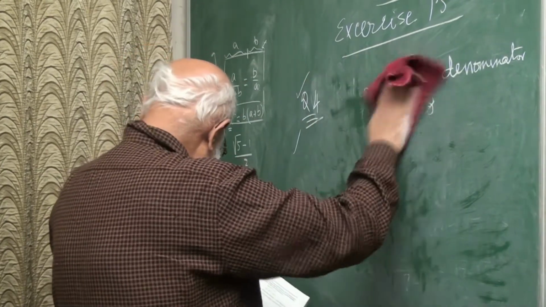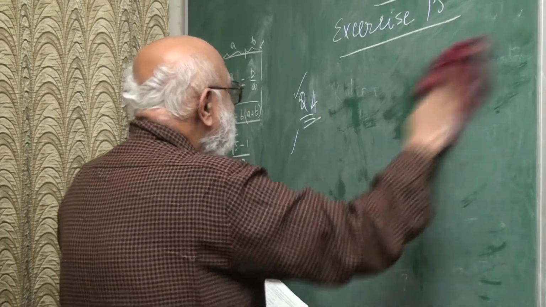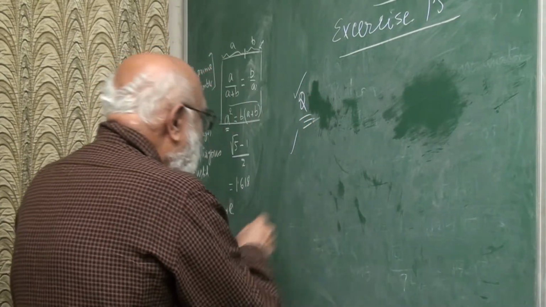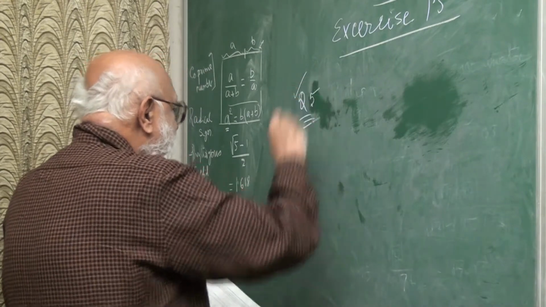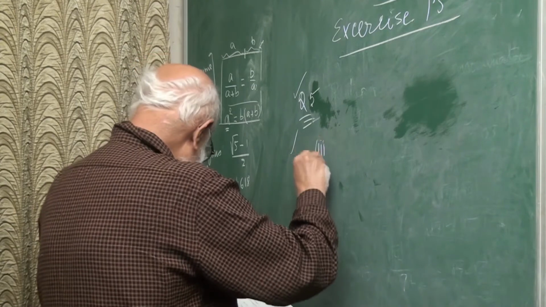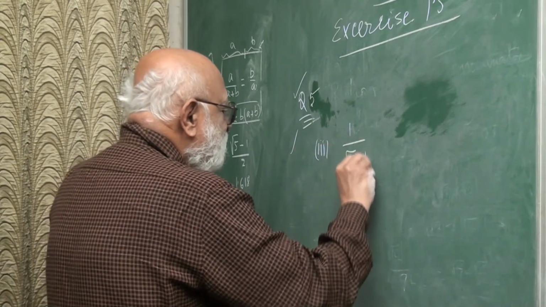This is question number 5. I always forget to change the question number. So this is number 3, and this would be 1 upon root 5 plus root 2.